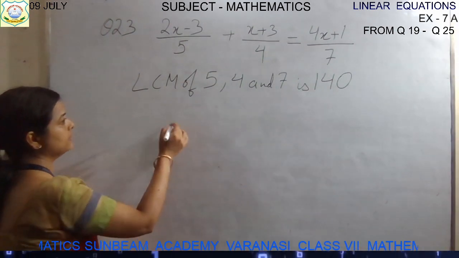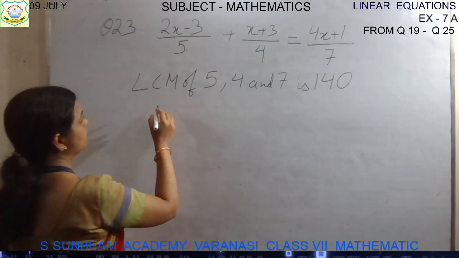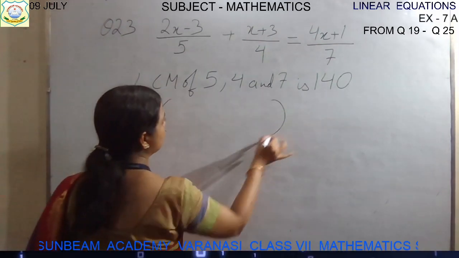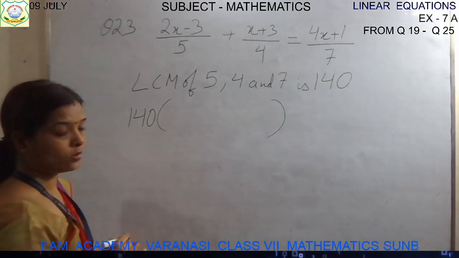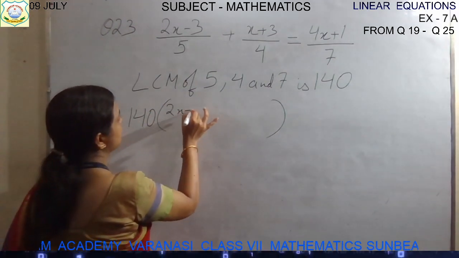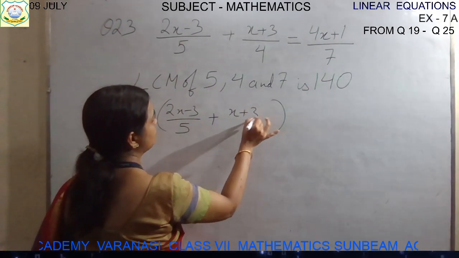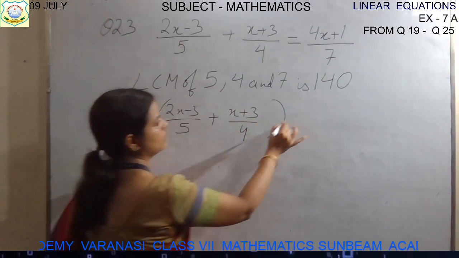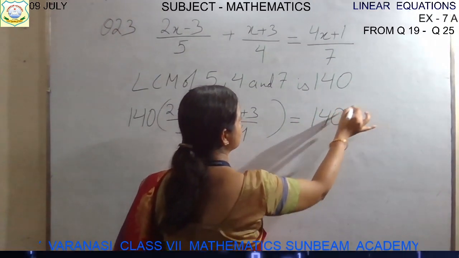Now multiplying 140 on both sides, children. So what we have to do? We have to multiply the LCM on both sides. 2x minus 3 by 5 plus x plus 3 by 4 is equal to, the same 140 you will multiply on the RHS also.